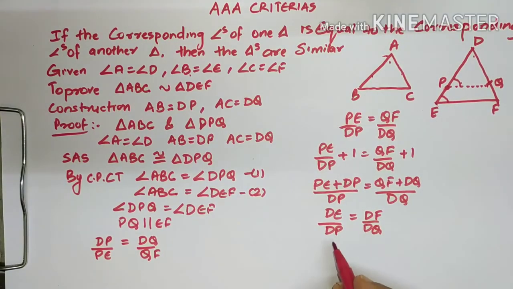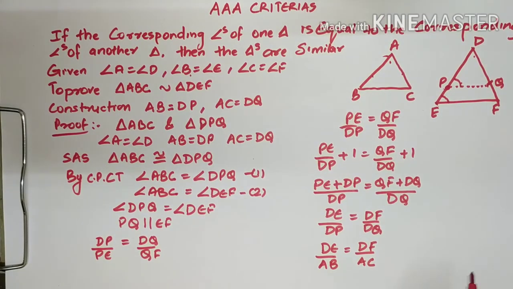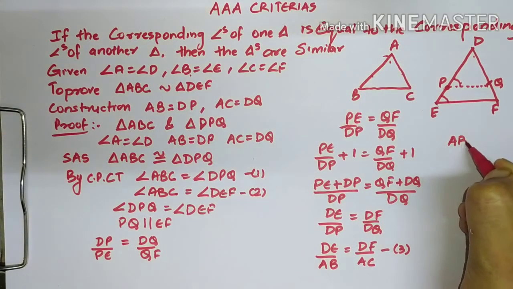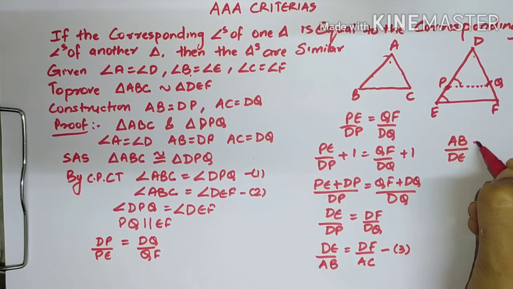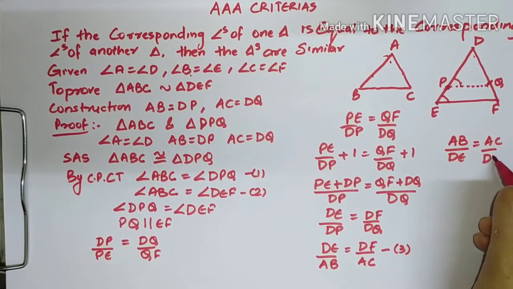Okay, now can I write the same ratio, that is DE upon AB, because we know that DP is equal to AB, so instead of DP I am replacing it with AB, and in place of DQ I am replacing with AC. So again I will take the reciprocal of the ratio that we have found, and we will get AB upon DE is equal to AC upon DF.